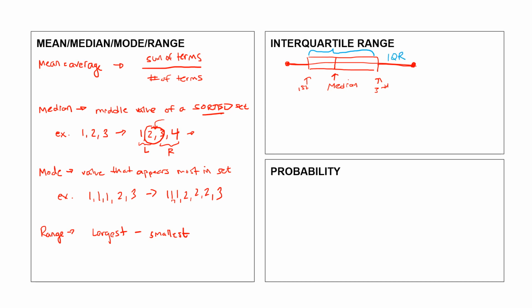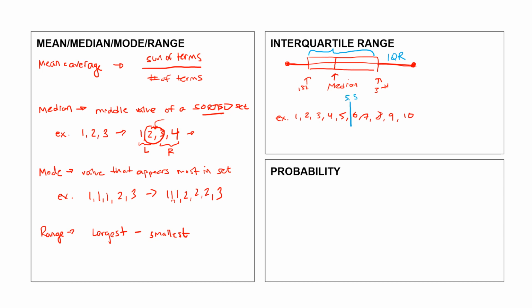So in order to find what that is, let's just do an example just to understand what that concept is. So we'll have the numbers 1, 2, 3, 4, 5, 6, 7, 8, 9, and 10. Okay. We know if we split it right down here, there will be 5 numbers on the left, 5 on the right, and it's sorted. So the median here is 5.5. Okay, so that's the median, 5.5.